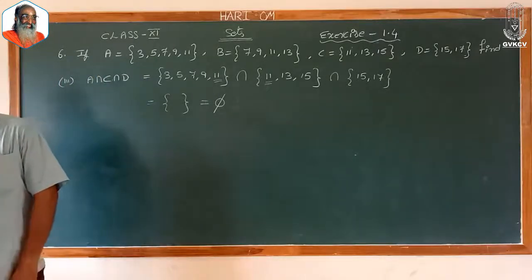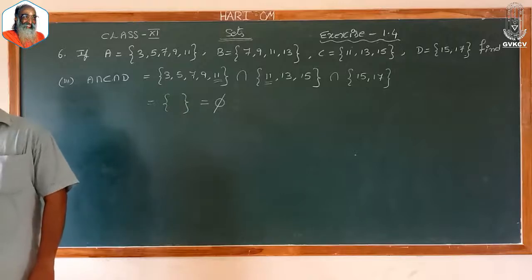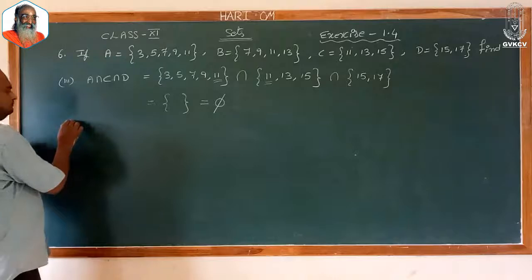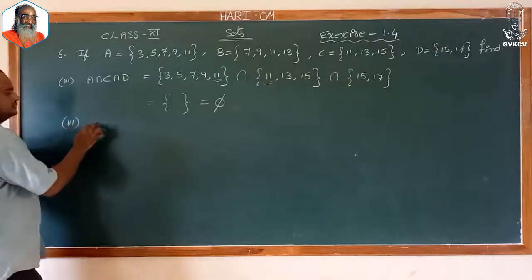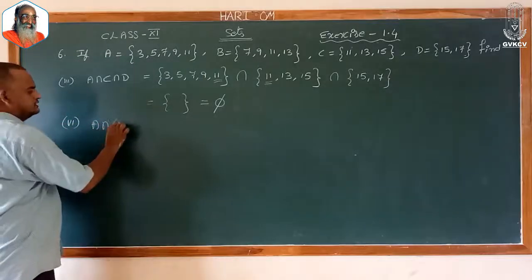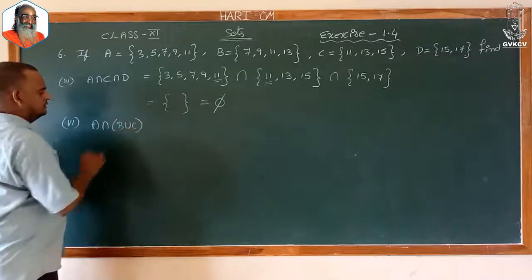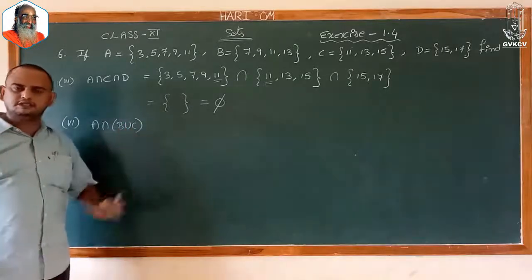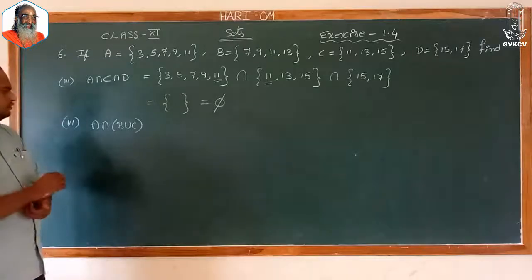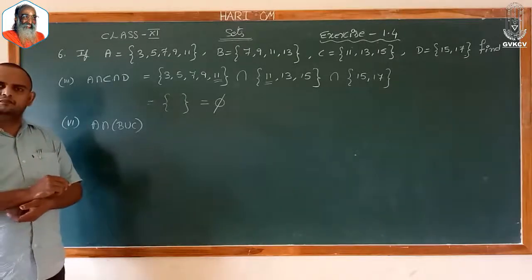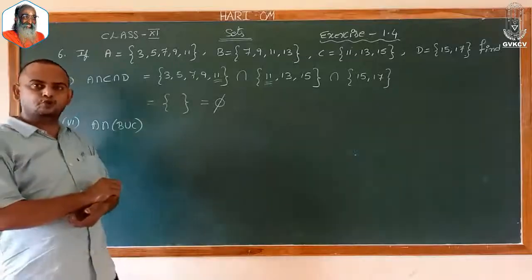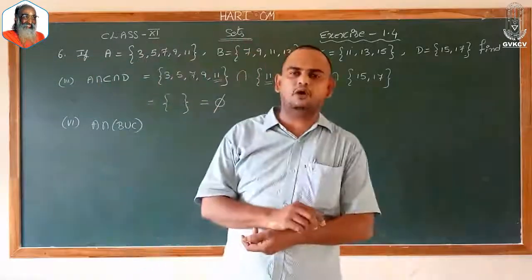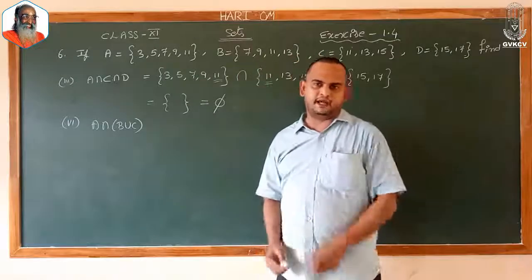Next we have problem number 6: A intersection (B union C). Now let us see how to find this. As we know the BODMAS rule, first we have to give priority to brackets.